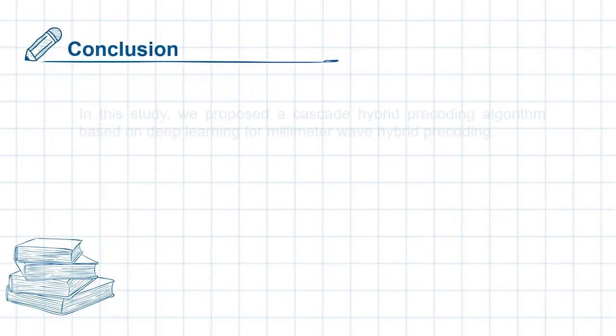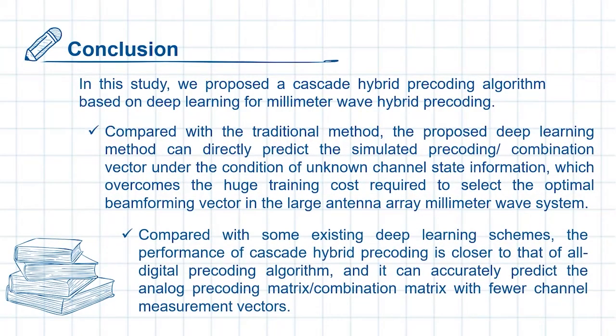In conclusion, we proposed a cascaded hybrid precoding algorithm based on deep learning for millimeter wave hybrid precoding. The cascaded hybrid precoder learns how to optimize channel sensing vectors to concentrate sensing power in the most desired direction, and how to predict RF beamforming and combining vectors of hybrid architectures directly from the received sensing vectors.